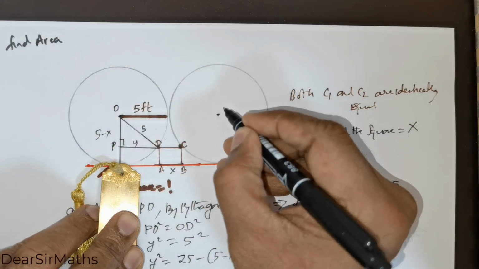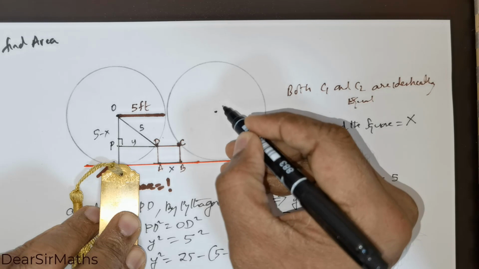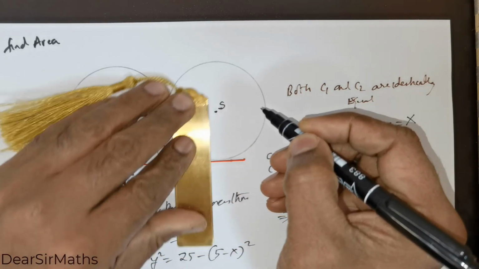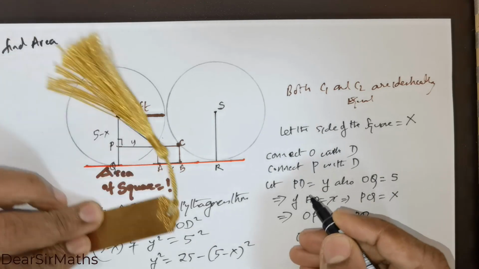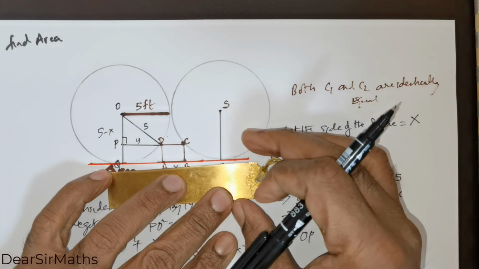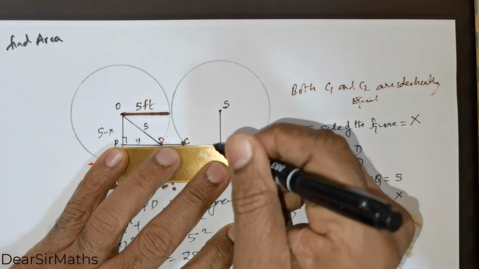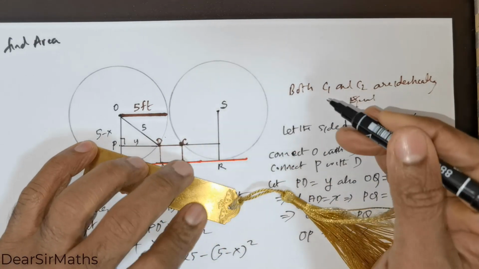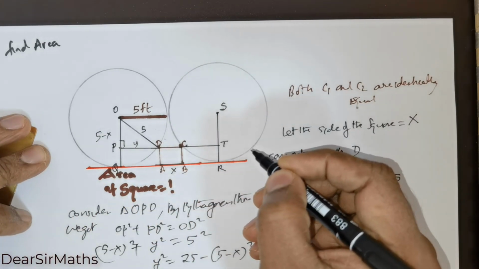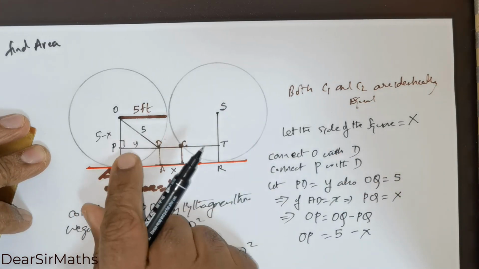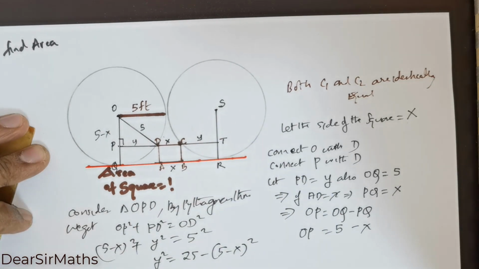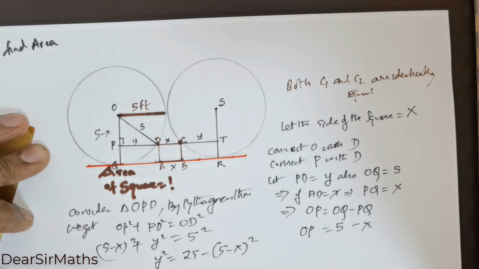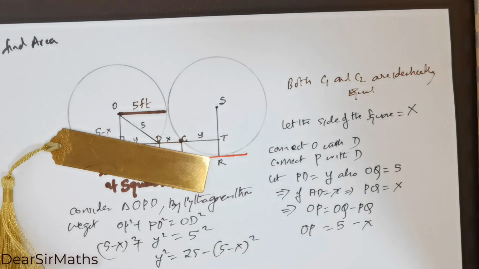Now I would like to extend C to this point. So this is O, and let me take this as some S. From S I am dropping a perpendicular to R, and from C I am dropping a perpendicular to T. So PD is Y, so CT will be equal to Y. This distance is X. Now I would also like to extend this region.